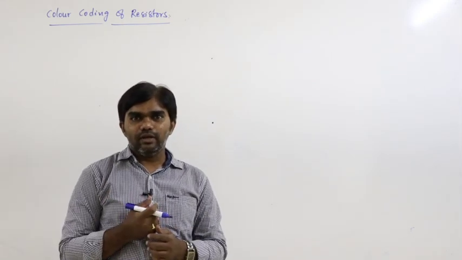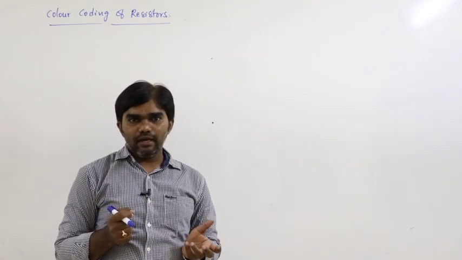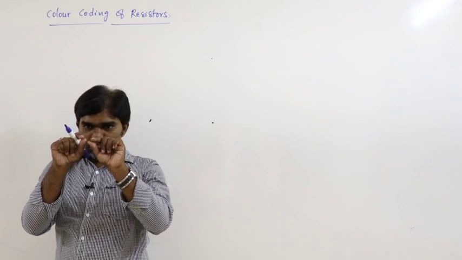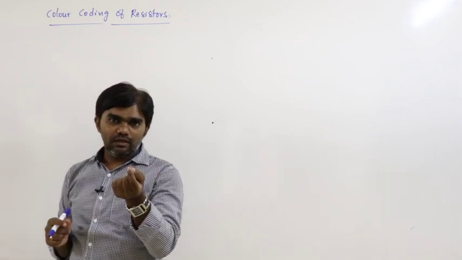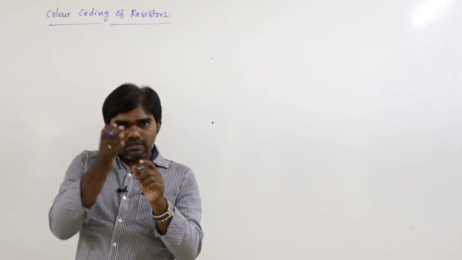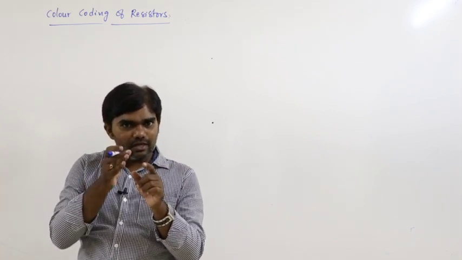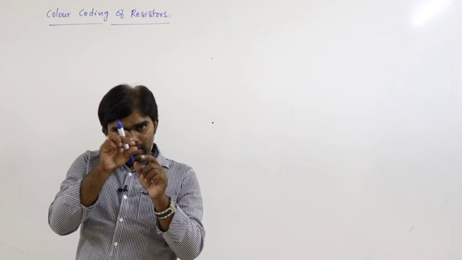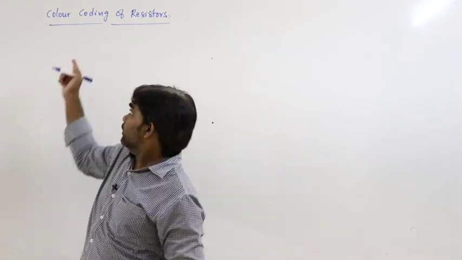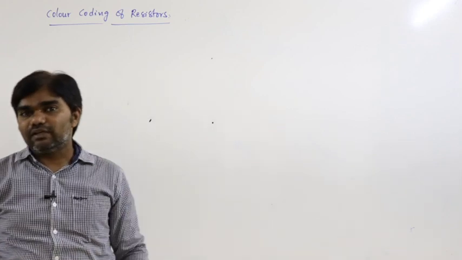That is called color coding. How can this be calculated? The resistor is a small object we use in circuits, and some colors are present on it. Based on those colors we can calculate the resistance of that resistor.